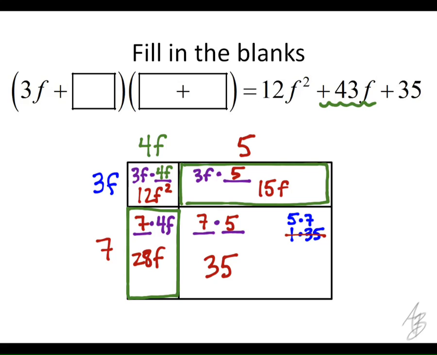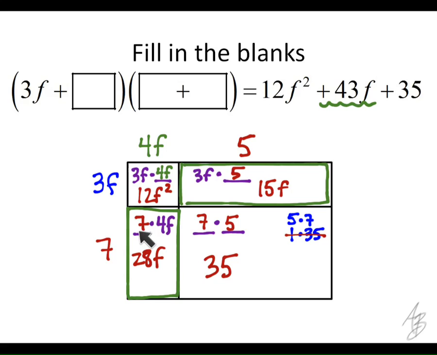Now remember, I said I always like to put these first. If I keep that up here, it's easy for me to figure out which one's going to go over here, because since the one on top, the 4f, was second, then whatever was first had to be whatever this length was right here. If you mix them up, what you have to look for is what they have in common.